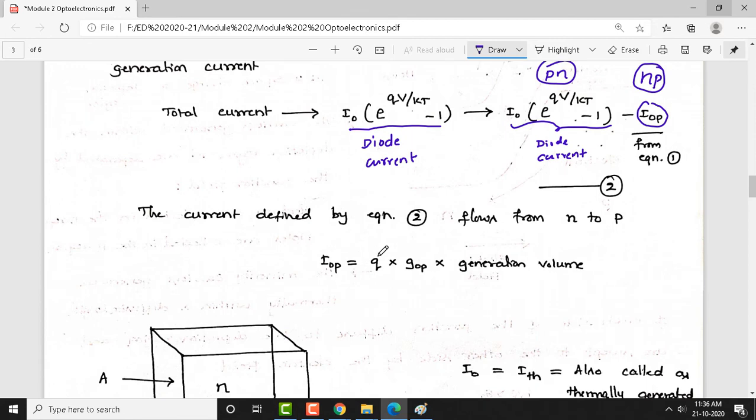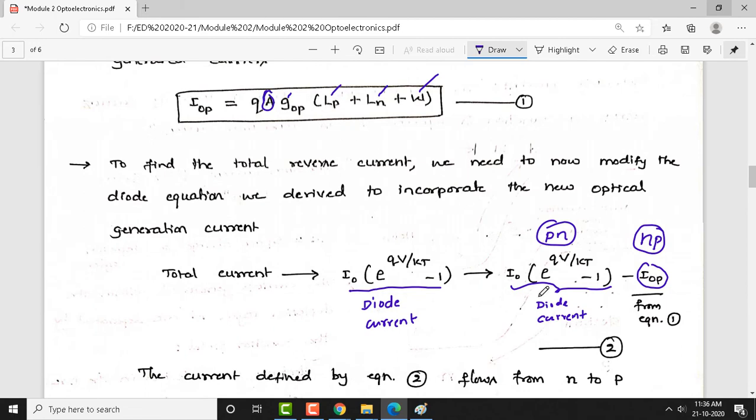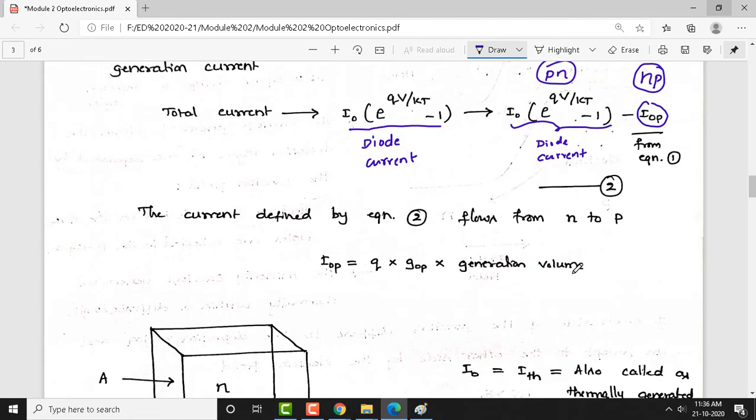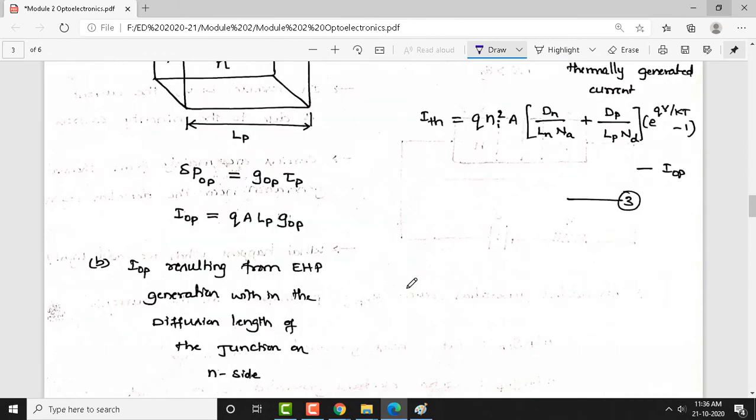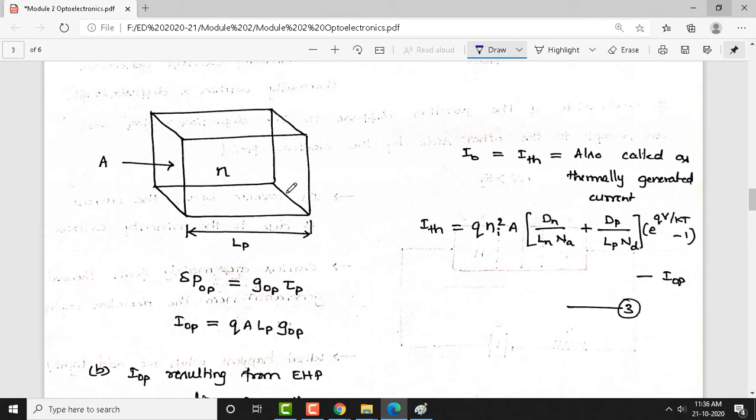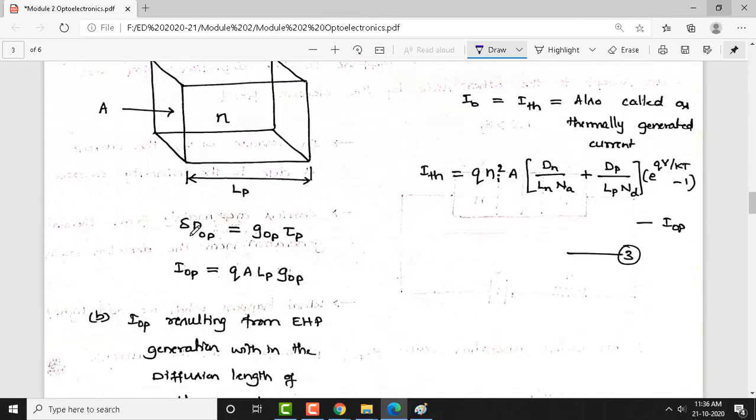This is all we have told earlier. GOP, this Lp, and this product, the area of cross section, gives you the volume that should be multiplied with the optical generation rate and Q to get the current equation. Within the N semiconductor also we have seen that when the photons interact, holes are generated at this rate.